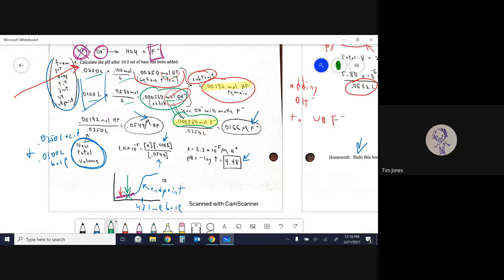But where we are right here is also a buffer, because if you look during the calculation, we had 0.0549 molarity HF and 0.0166 molarity F minus. Now the HF, there is more, but there's a significant amount of both, enough to say that this would be a buffer, and the buffer happens to have a pH of 4.48. And that should do it for this lesson.